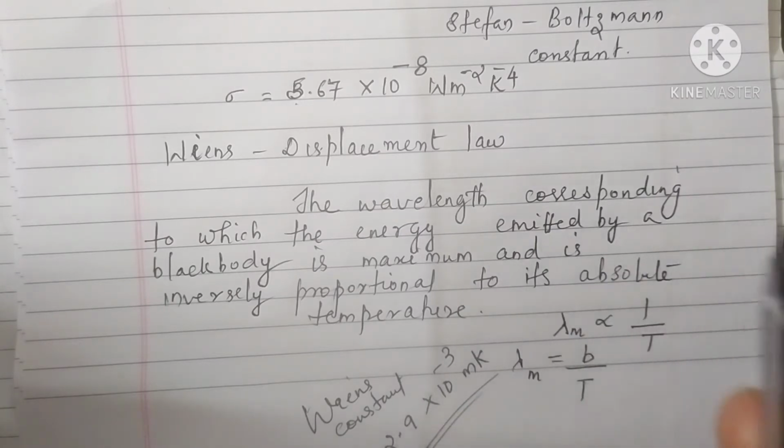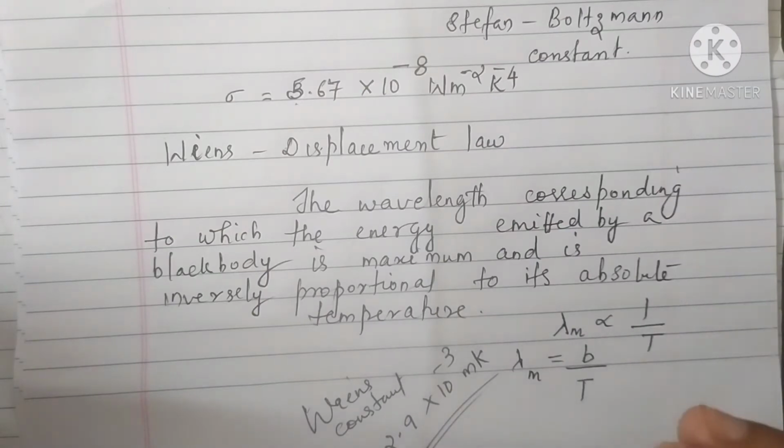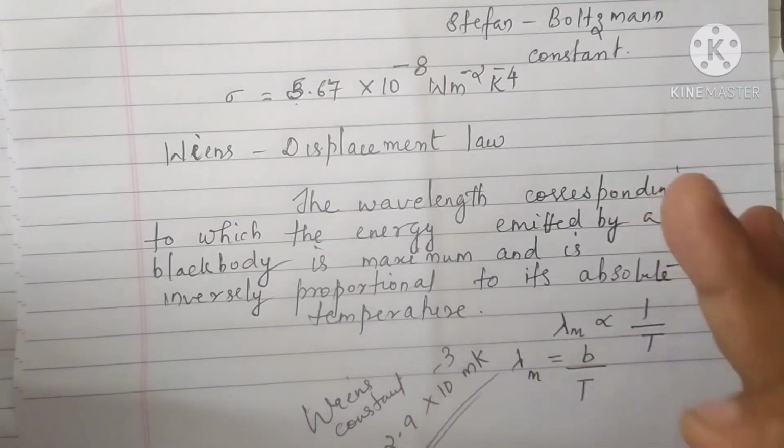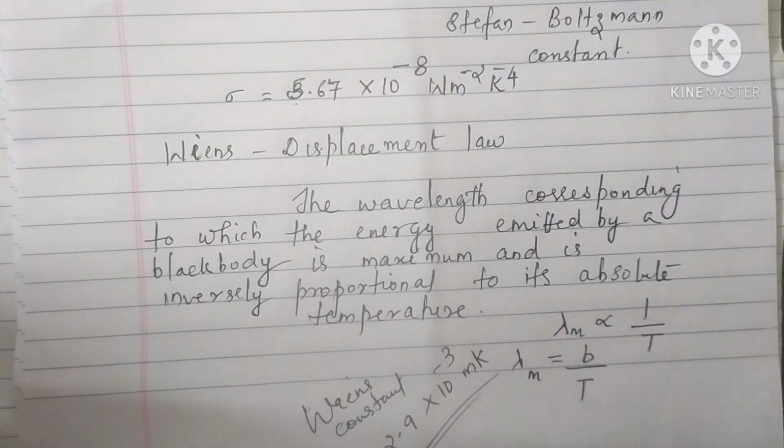Clear? So in the first case, the Stefan-Boltzmann law gives the relationship between energy and temperature, and in the second case, it gives the relationship between wavelength and temperature. Clear? Now we are moving to another very important law, that is Newton's law of cooling.